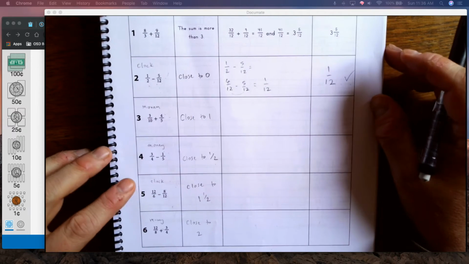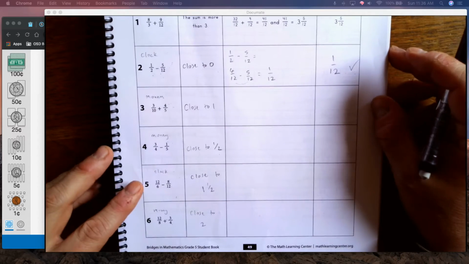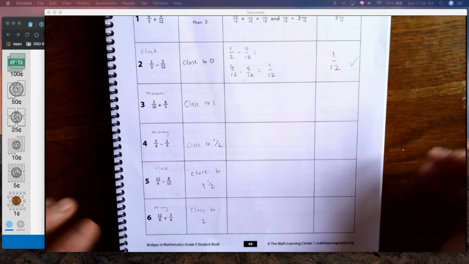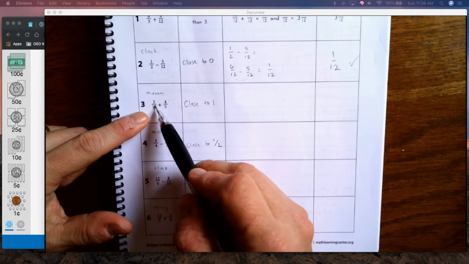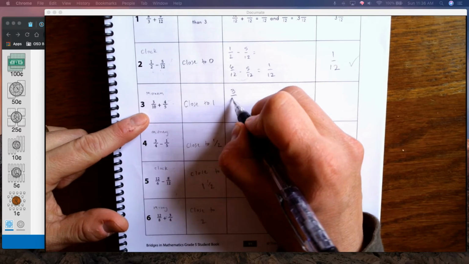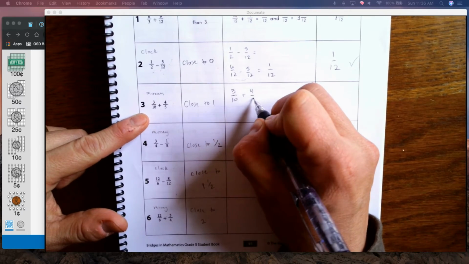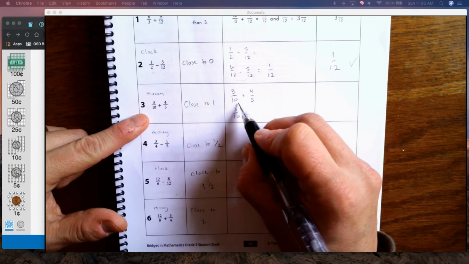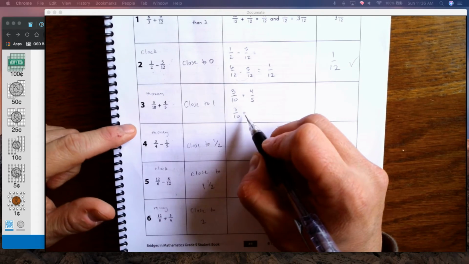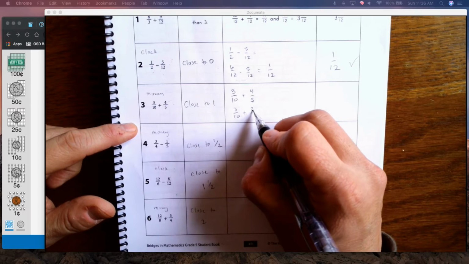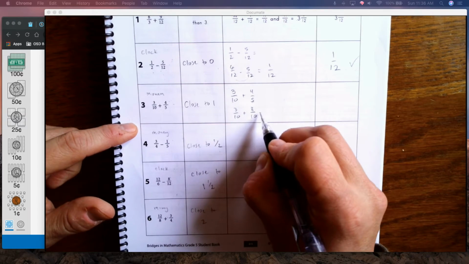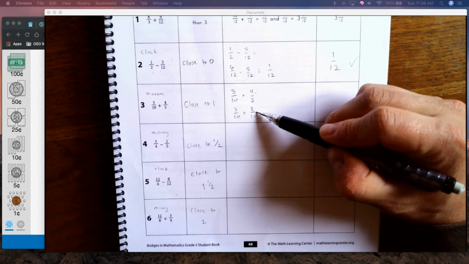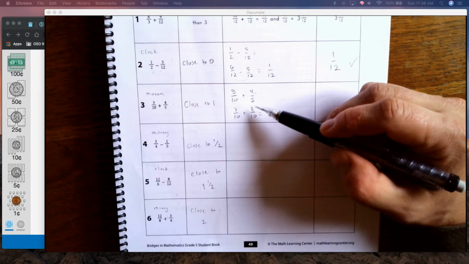Okay. Number three. So that's what I'm saying. We're just going to go through this really quickly, and we'll talk about this more later. 3/10 plus 4/5. I know my common denominator from 10 and 5. The lowest common multiple would be 10. So if I double both of the numbers from 4/5, I can change that to 8/10.